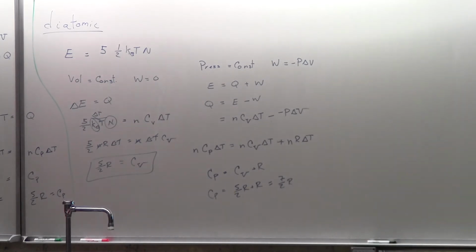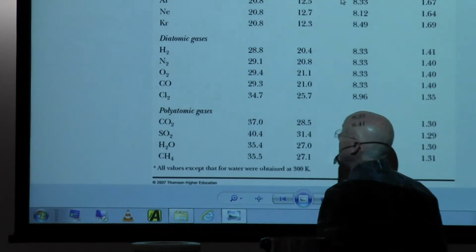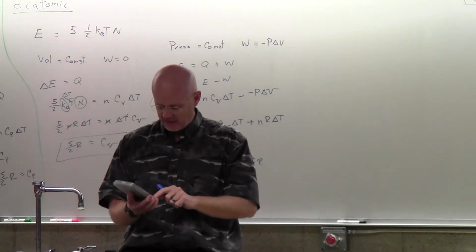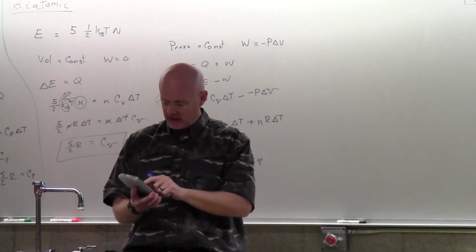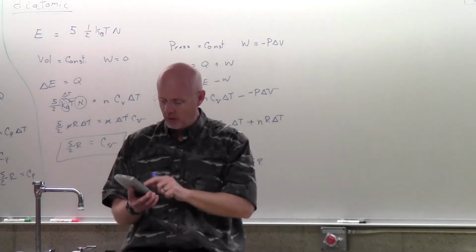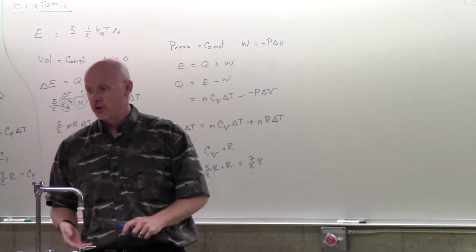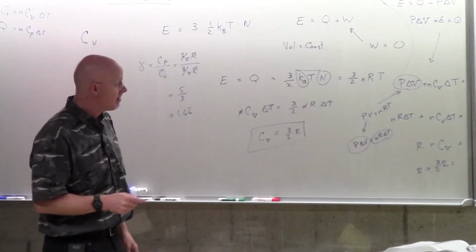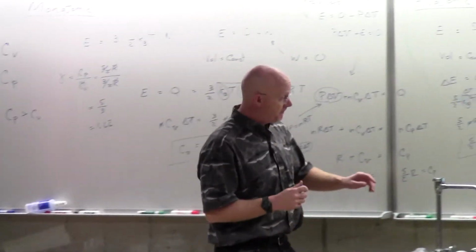Then sure enough, you take 7/2 times 8.31, 29.1. Pardon me? Did you get that Cp from that equation? I got the Cp.